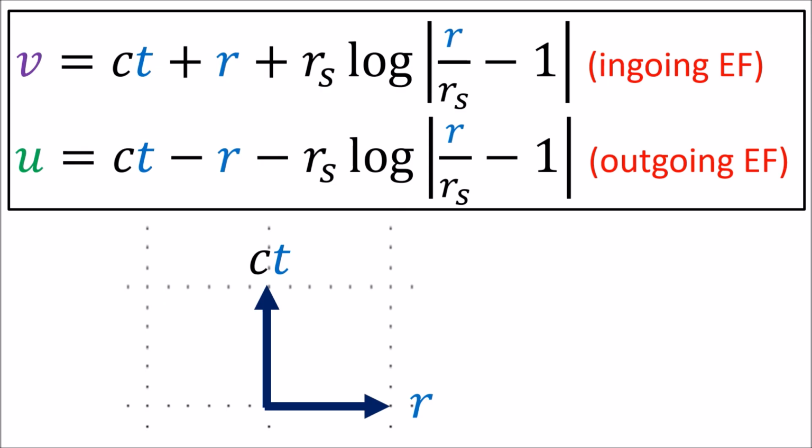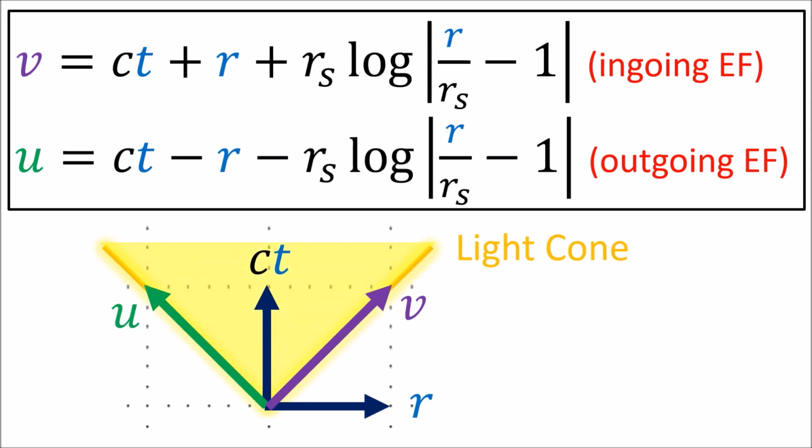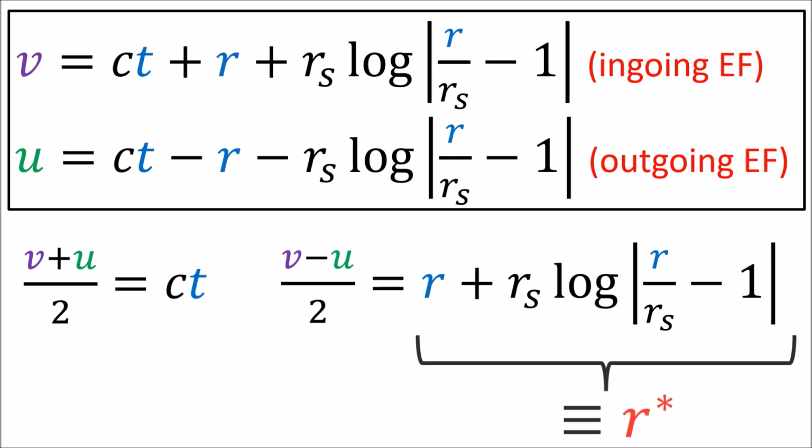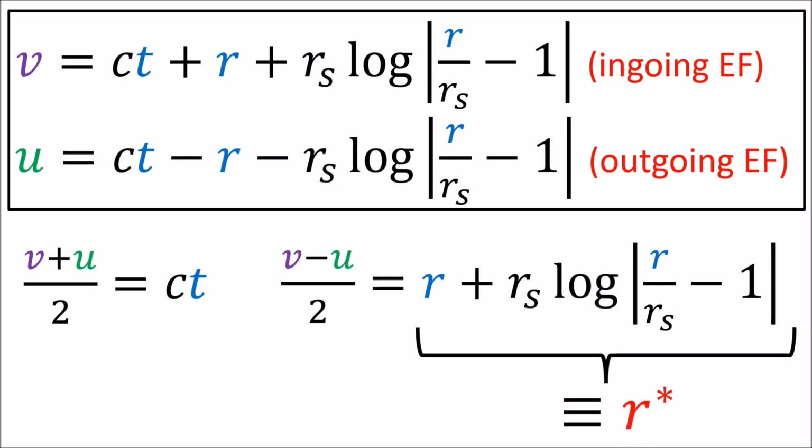If we think of time as pointing up and R as pointing right on a space-time diagram, these formulas mix the time and space directions in just the right way so that U and V point along the two light-like directions of the light cone. We can also mix U and V in the right amounts to get back CT and R. And recall, this R plus log term is written as R star for short.